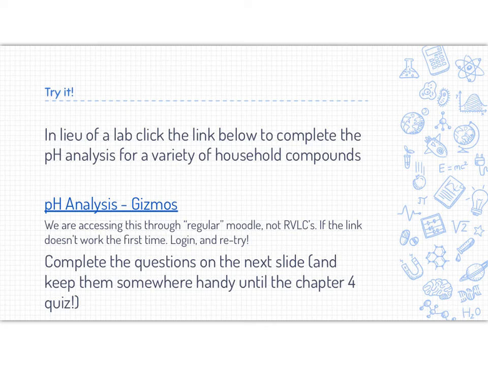If the link doesn't work the first time, follow the link once, log in, and then come back to our window here and retry it now that you've logged in. It should work. Fingers crossed. Please send me an email if it doesn't. Complete the questions on the next slide and then keep them somewhere handy until the Chapter 4 quiz. These results may come up on that quiz.